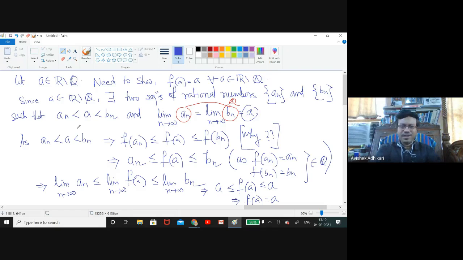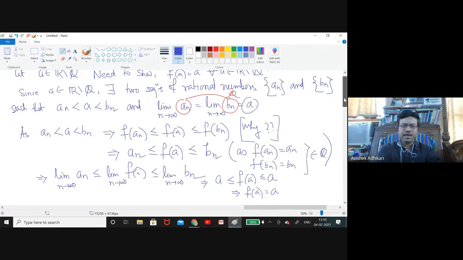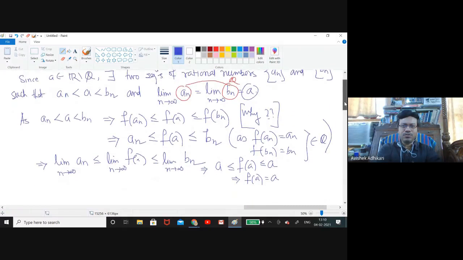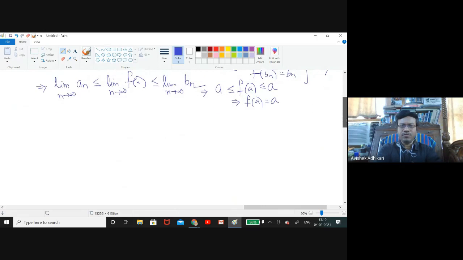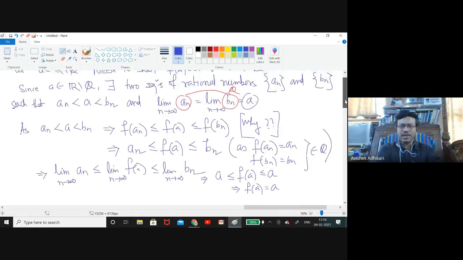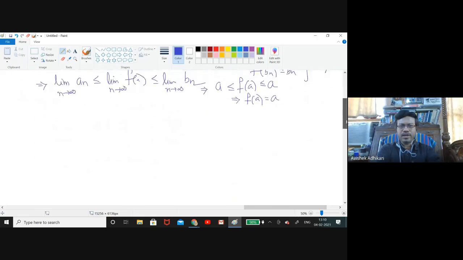Okay, so I'm giving it as an exercise. Try to find some logical flaws here and try to prove it for an arbitrary field, and then what extra condition you impose.